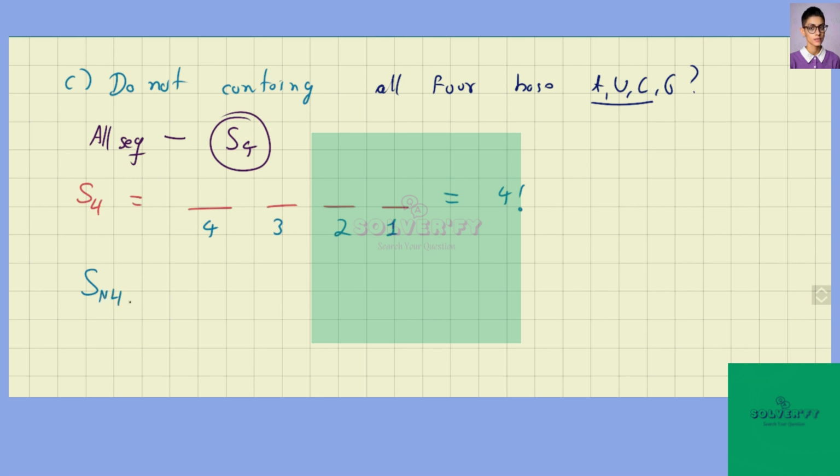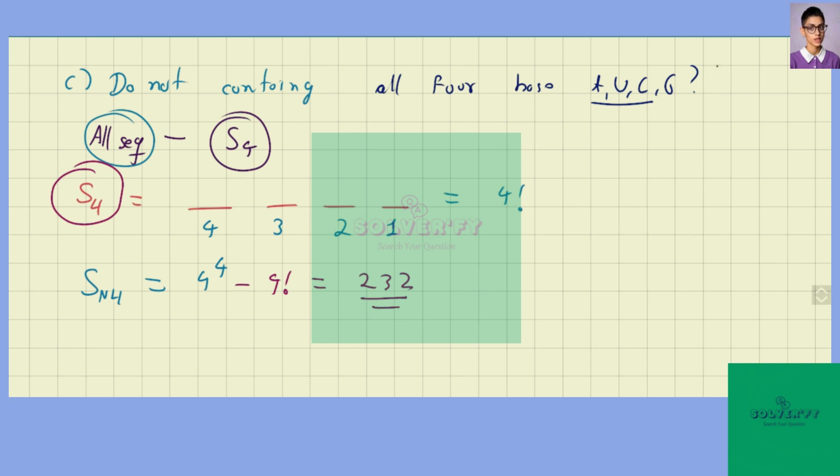All the possible sequences is, as we calculated at the beginning, 4 to the 4th power, and the sequences that contain the four bases is 4 factorial, so this is equal to 232.